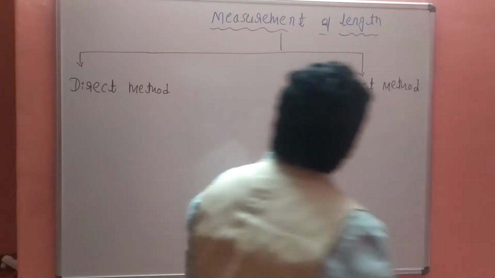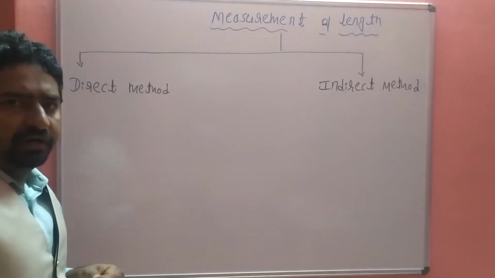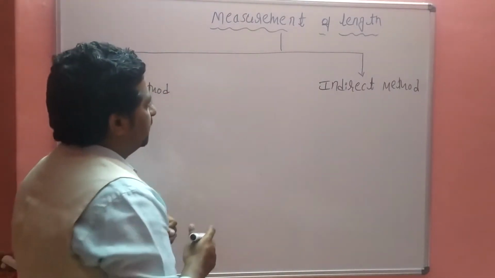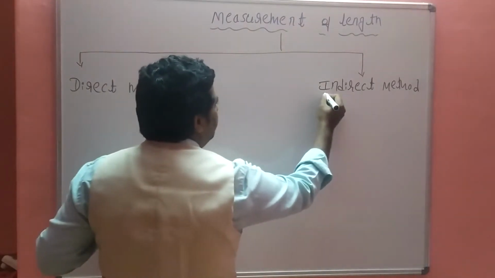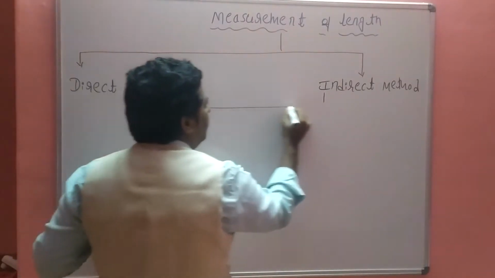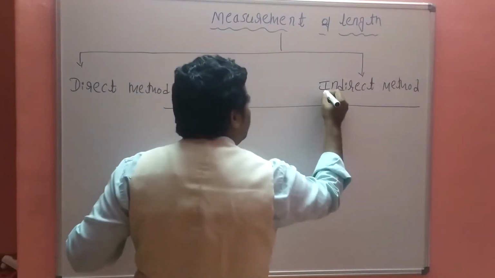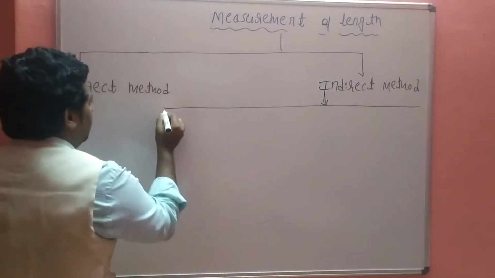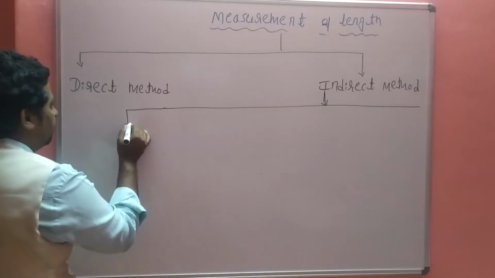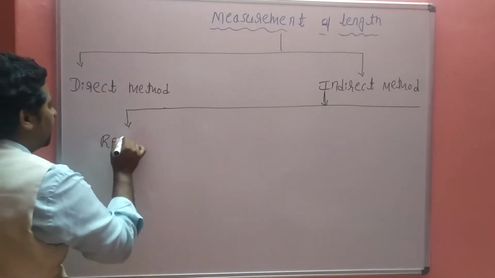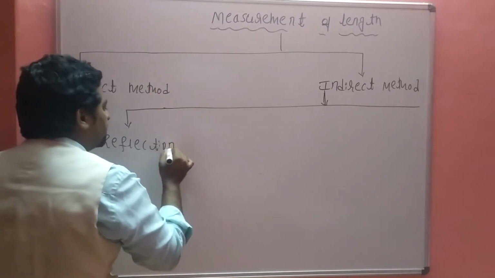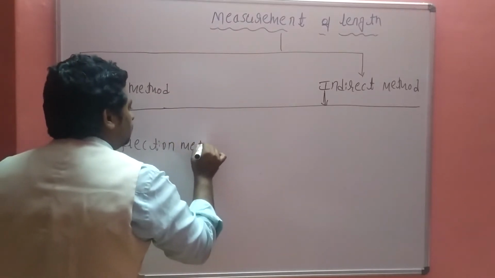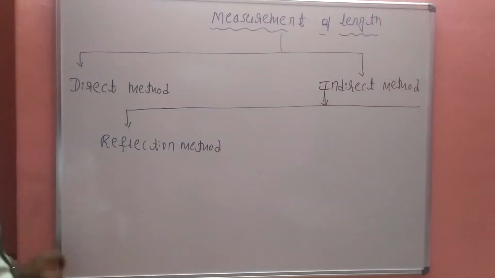Then the second one is very, very important: indirect method. The indirect method is divided into three categories. First one is by using the reflection method.